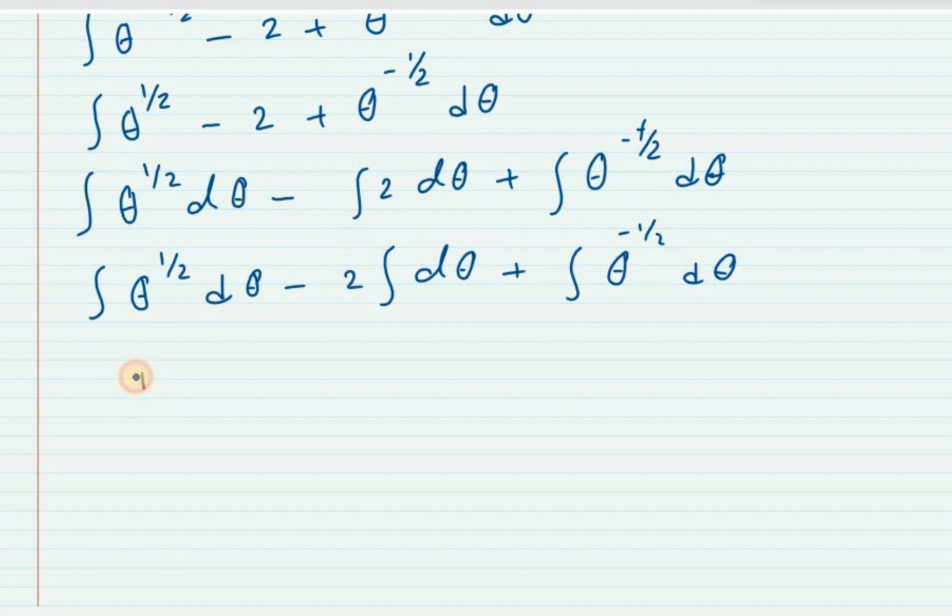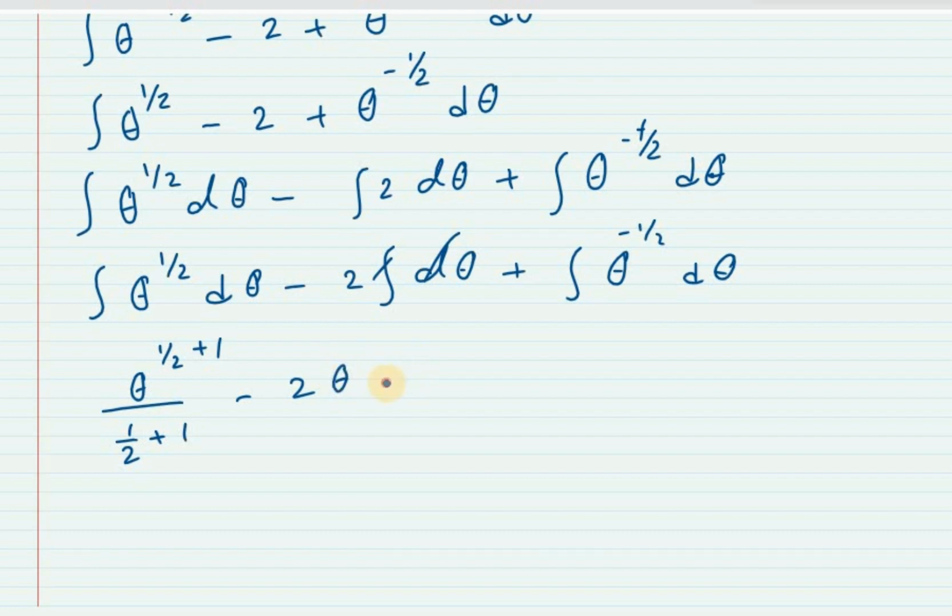Now we will integrate. 1/2 plus 1, we just add 1 with the power and divide with the power, minus 2. This integral will be cancelled out with this d.